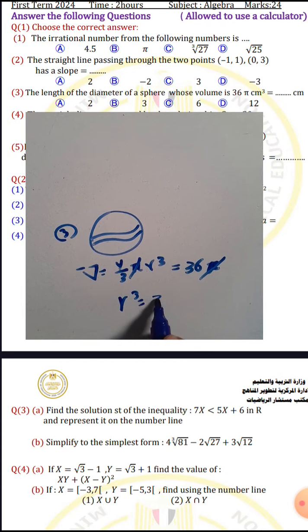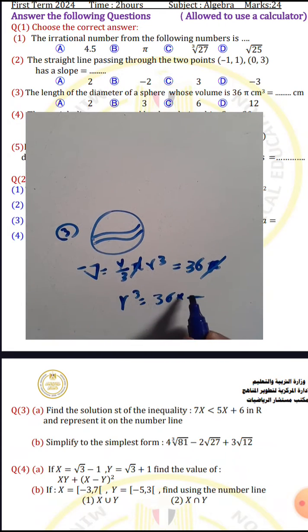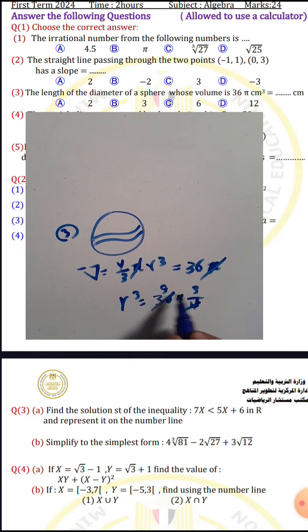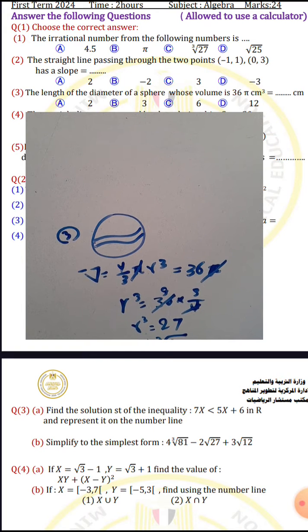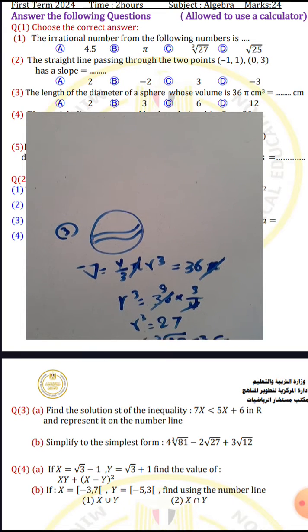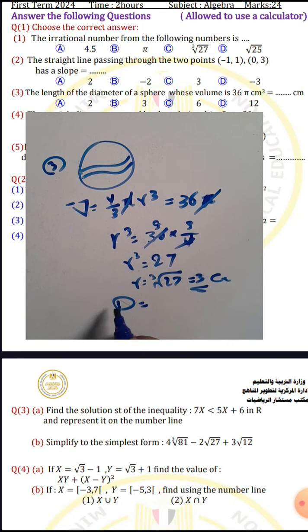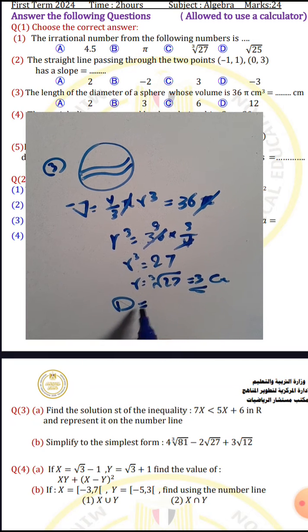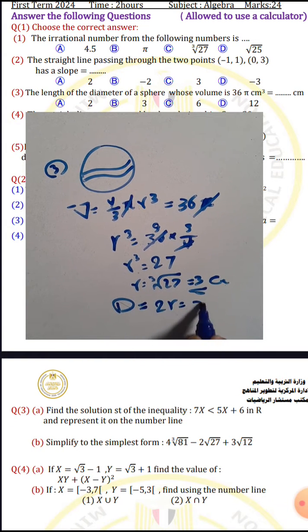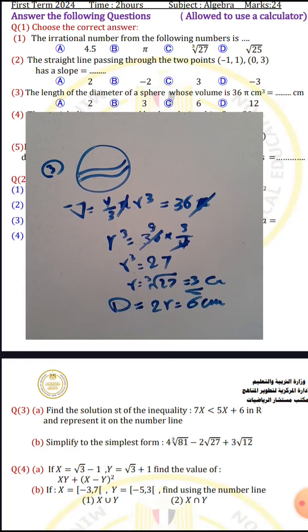Then r power 3 equals 36 times the inverse of 4 over 3, which is 3 over 4. 36 divided by 4 equals 9. 3 times 9 is 27, equal to r power 3. Then r equals cubic root of 27, which is 3 centimeters. Then the radius will be 3 centimeters. To find the diameter, the diameter of this sphere will be 2 times the radius. 2 times 3 equals 6 centimeters.